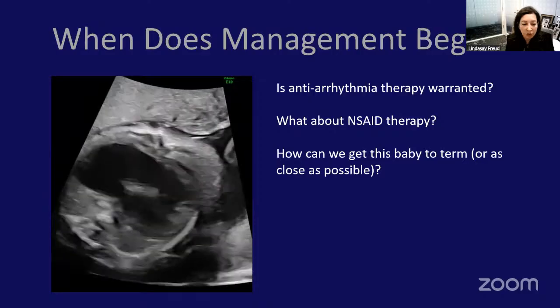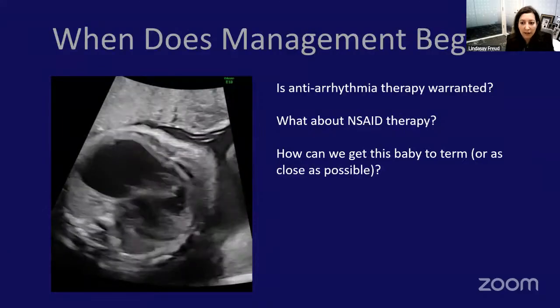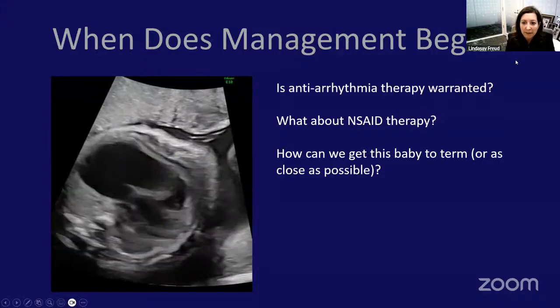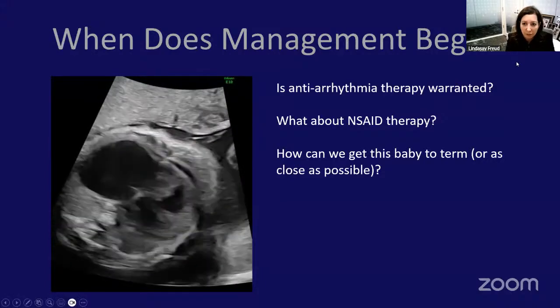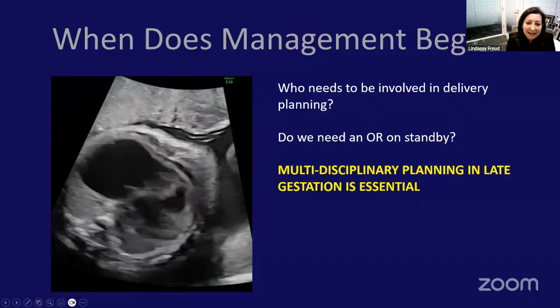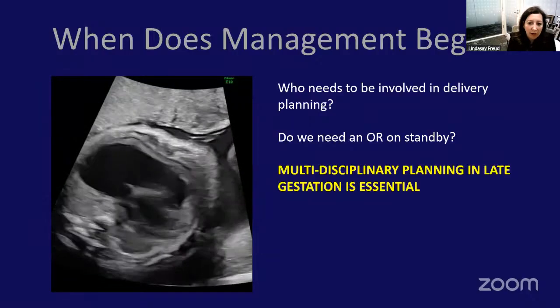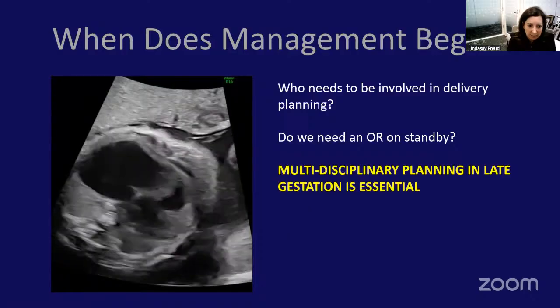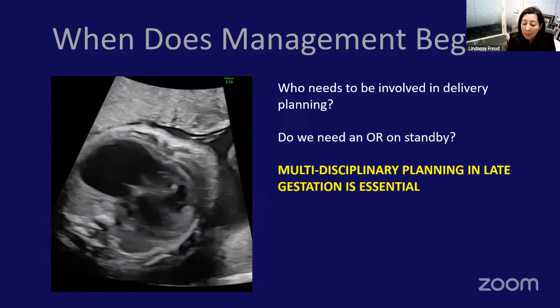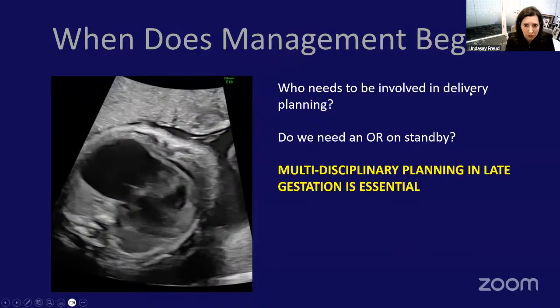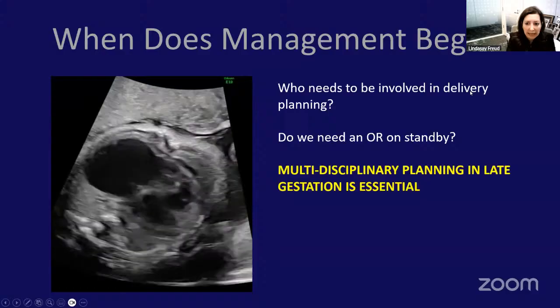And in conjunction with our high-risk OBs, we need to think about what else we can do to get this baby as close as possible to term with very close surveillance. And then as late gestation approaches, delivery planning with a comprehensive multidisciplinary team is essential, and an OR backup should really be discussed for those cases with significant circular shunting in order to mechanically interrupt it.